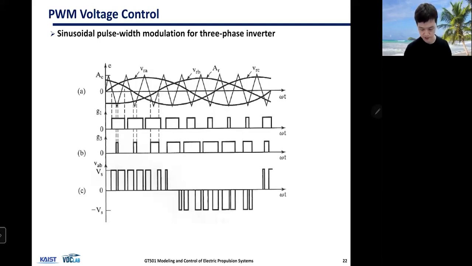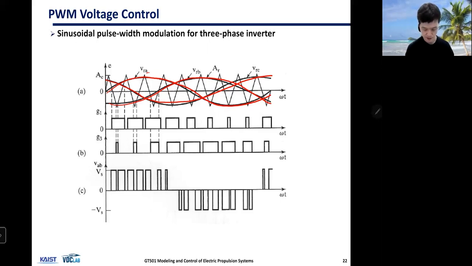When you're looking at an example plot, generating one phase for A, and then B, and C. So they have 120-degree phase difference, and they are alternating with phase difference.